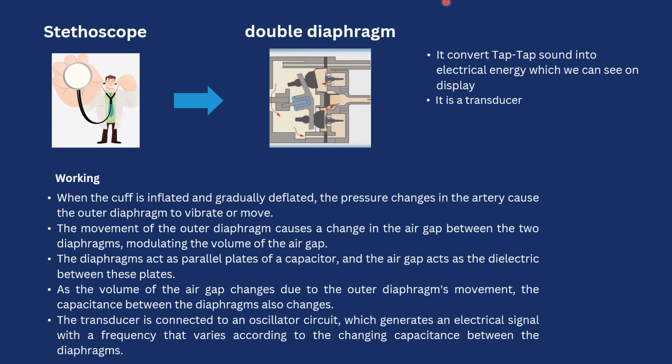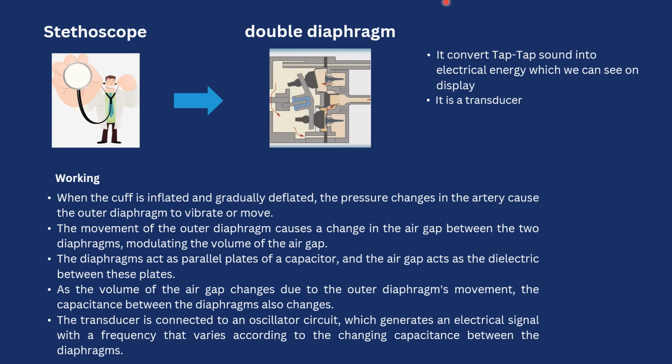When the cuff is inflated and gradually deflated, the pressure change in the artery causes the outer diaphragm to vibrate or move. The movement of the outer diaphragm causes a change in the air gap between the two diaphragms, modulating the volume of the air gap.